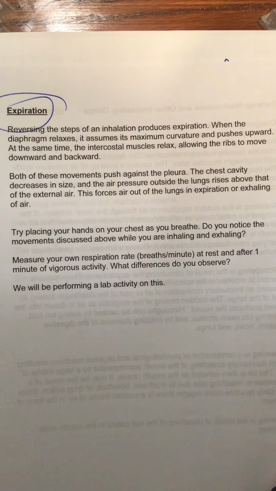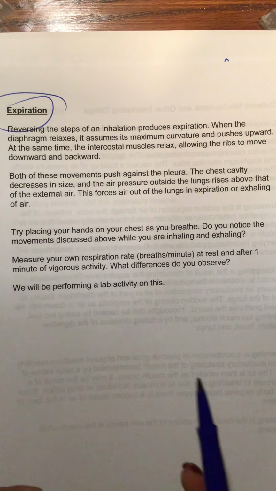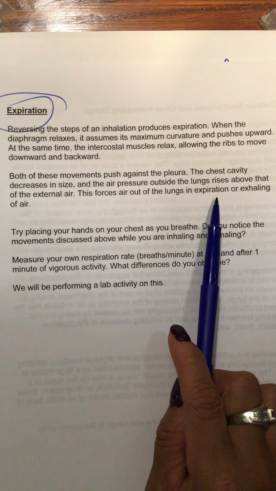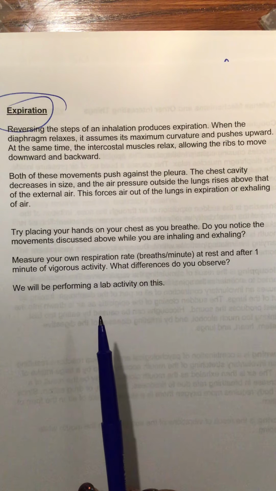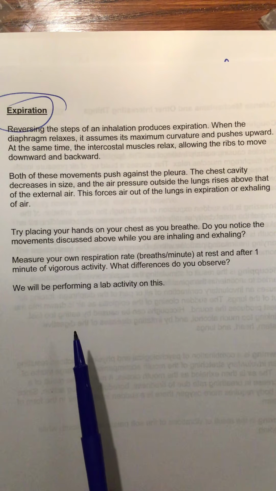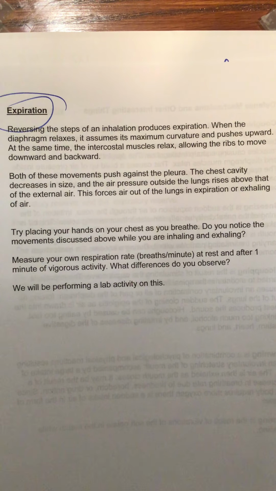The movements push against the pleura, the chest cavity will decrease in size, and so the air pressure inside the lungs will rise above that of the external air. This will force the air out of the lungs during the exhaling of the air.